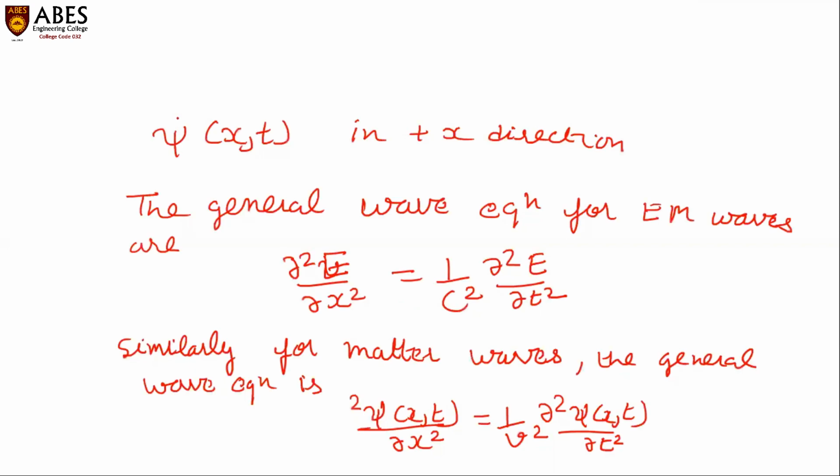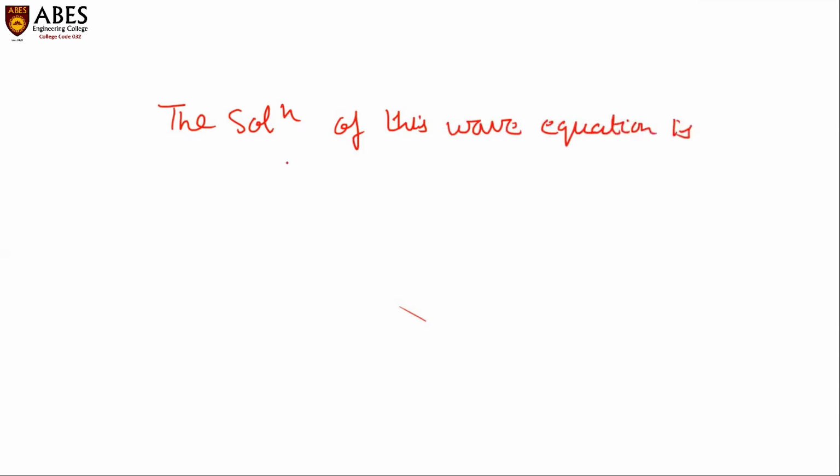This is a second order differential equation. So the solution of this wave equation is psi(x,t) is equal to psi naught e to the power i(kx minus omega t).